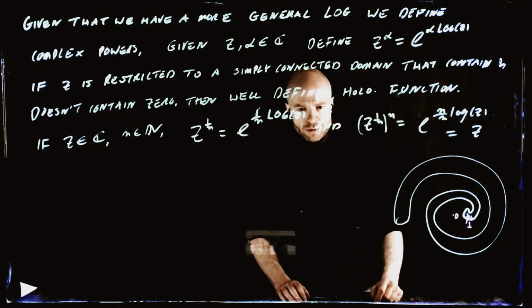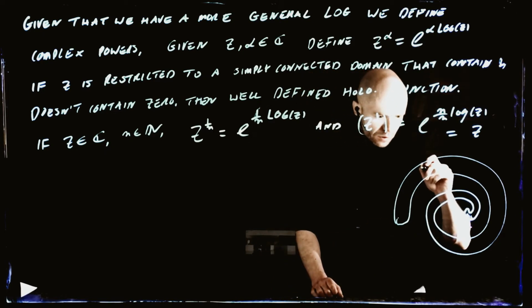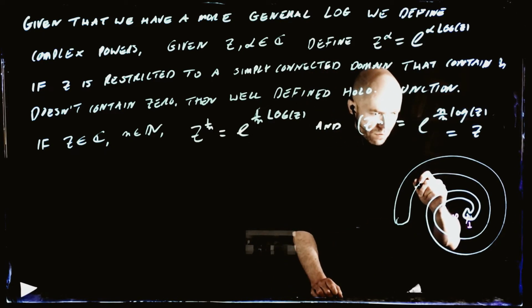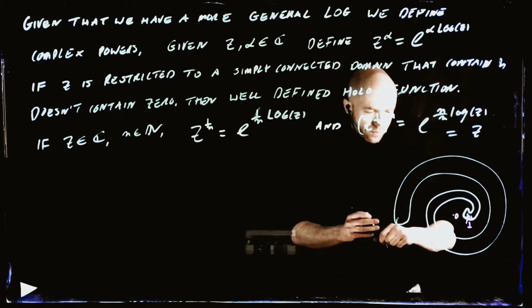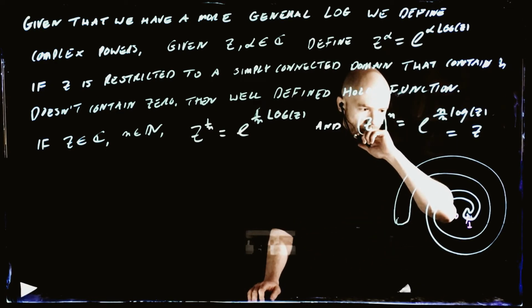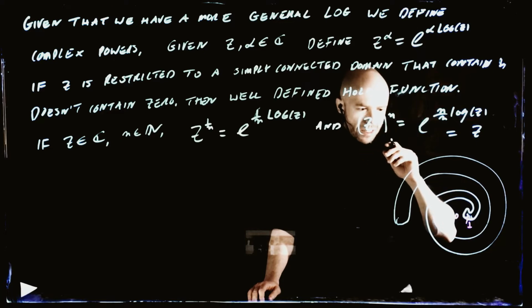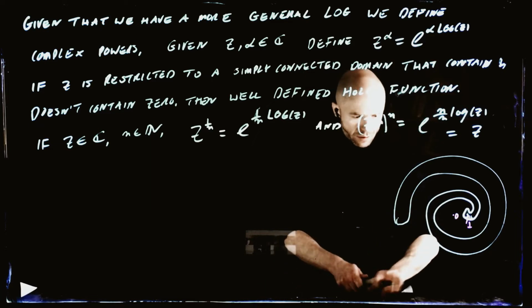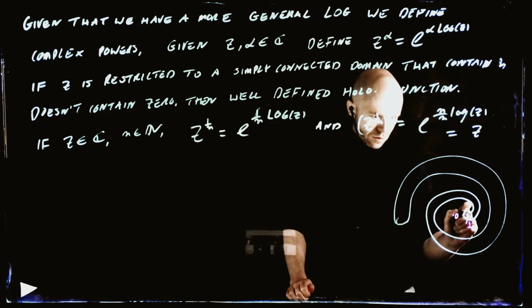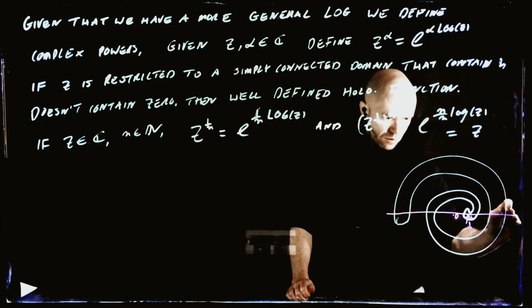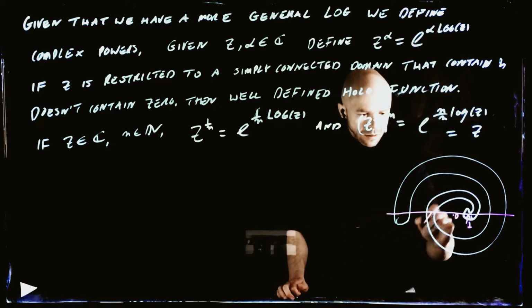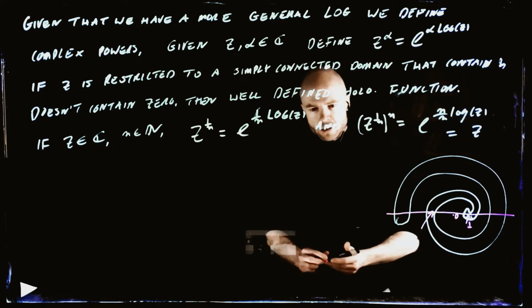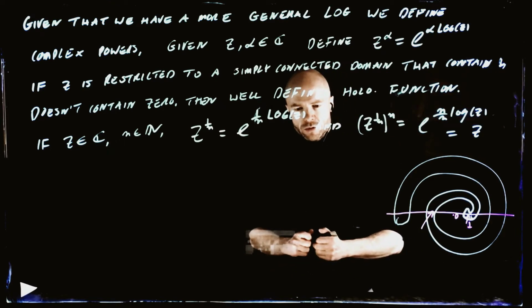Tell me about the imaginary part of the nth root of z when z is here. So this is the real line. Suppose z is here. Tell me about the imaginary part of the nth root of z.